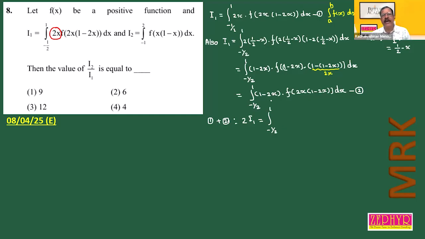So now we have to add 1 minus 2x plus 2x. 1 minus 2x plus 2x is 1 only. So we are getting f of, okay, 2 minus 2x is getting cancelled. Minus 2x and plus 2x get cancelled.